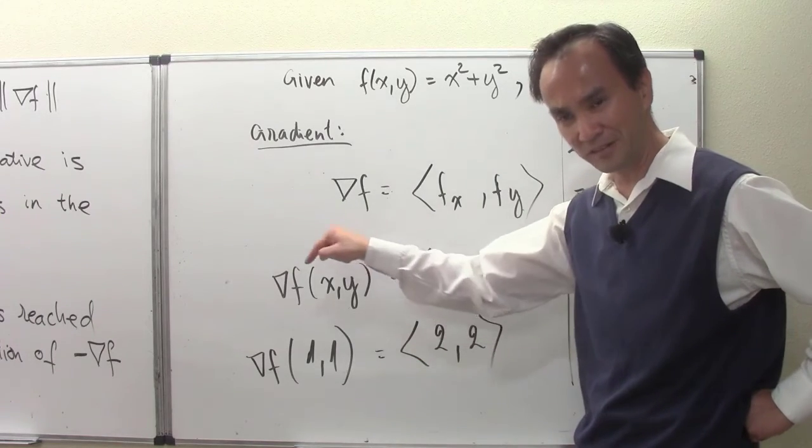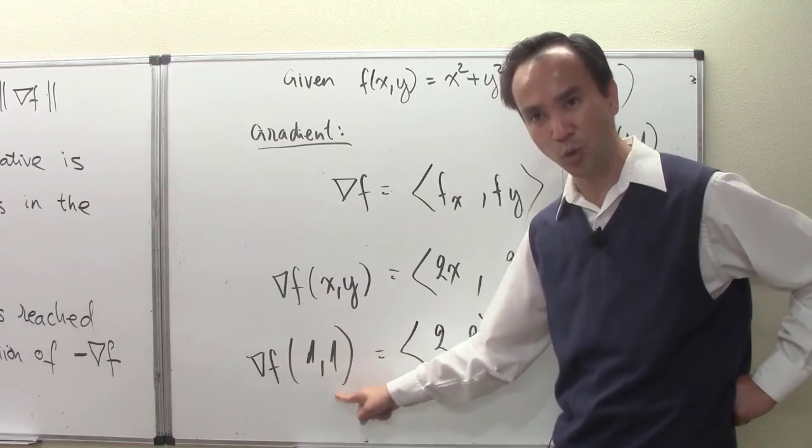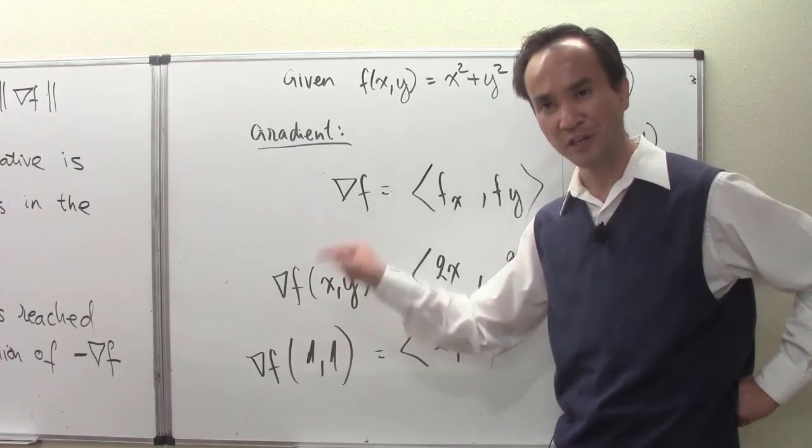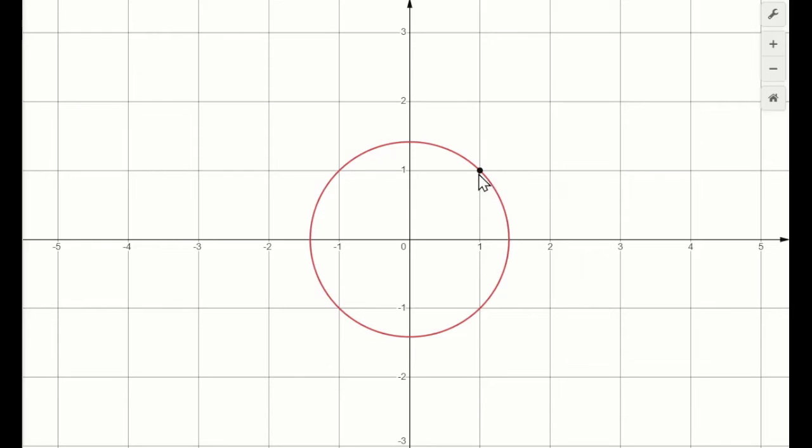But for the gradient, this determines where you place the initial point of your vector. So the gradient vector has to have its initial point right here, and it's pointing out 2, 2 in that direction. I am not able to create an arrow with this software, but the arrow is supposed to be here.